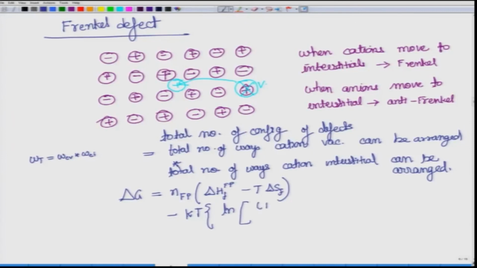So, it will look something like this: (N plus n v) factorial by N factorial by n v factorial, for the vacancy term, plus the other one for the interstitial term, (N i plus n i) factorial, and this N has to actually be the number of interstitial sites.